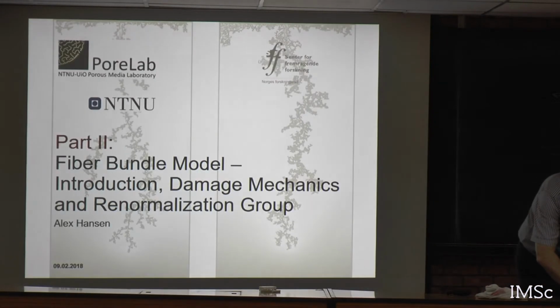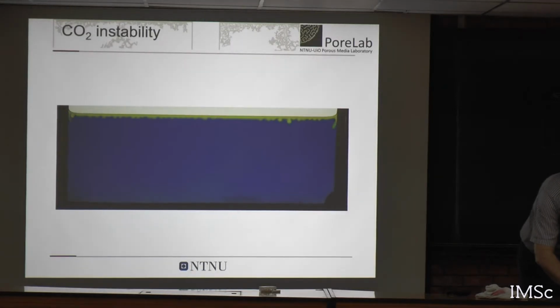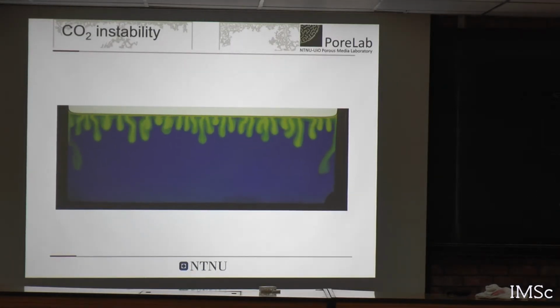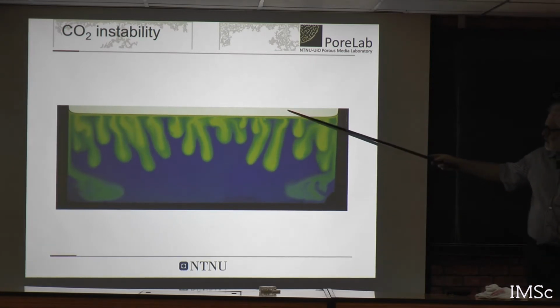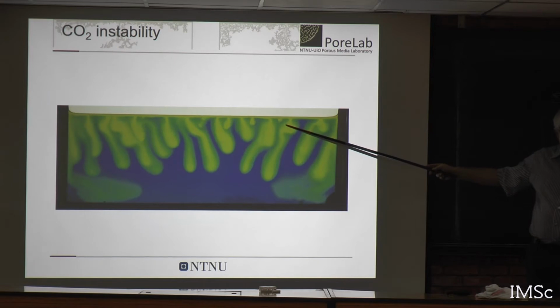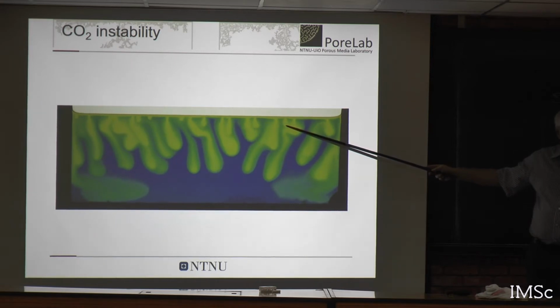And what you see is, well, that was not what you wanted to see. Oh yeah, here. The point is that the CO2 is reacting with water and making carbonic acid, which has a higher density than water.